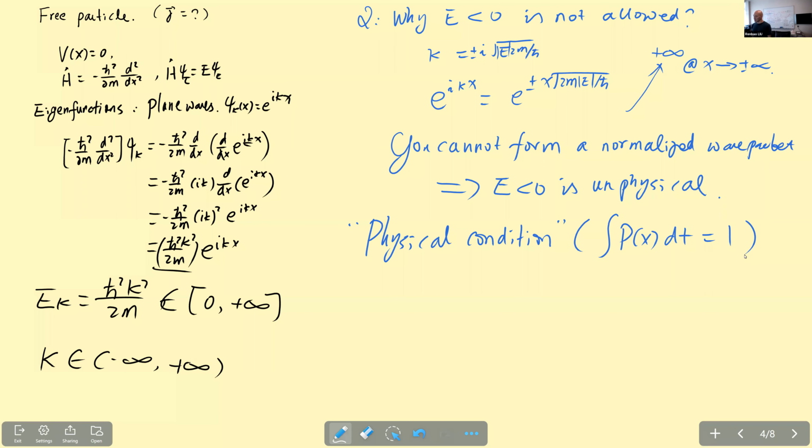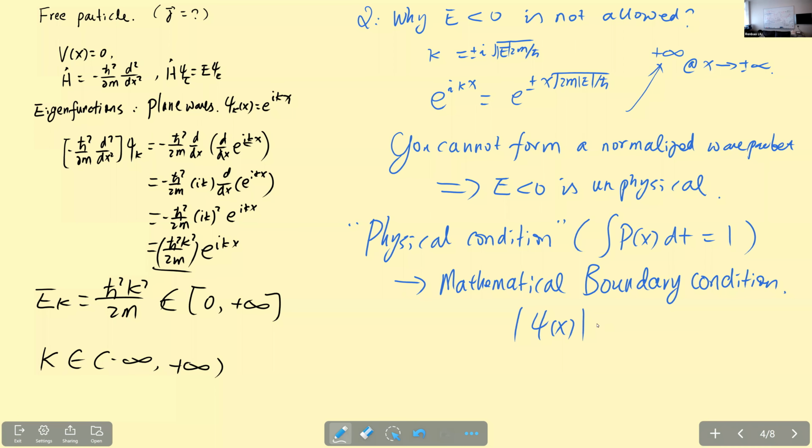So this is a physical condition, and this actually leads to the mathematical boundary condition. What is this? The psi(x) should not go to infinity at x equals plus or minus infinity. Otherwise you cannot form a wave packet that is normalizable. All right, so this is one thing that we considered last time.